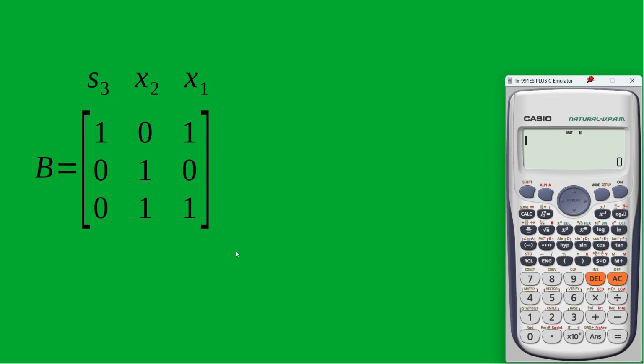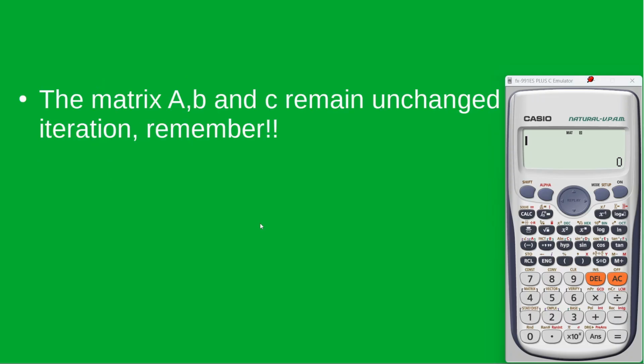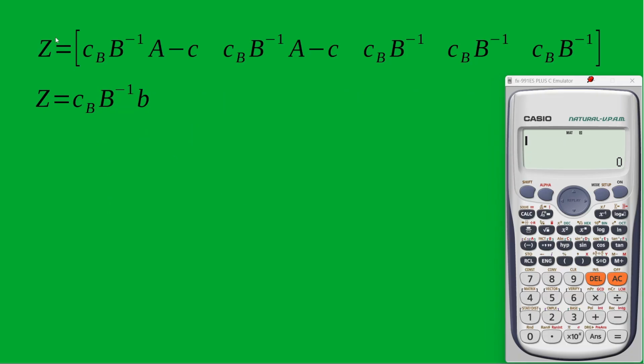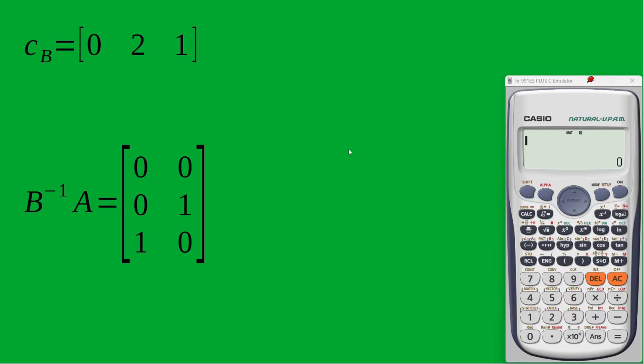Now, of course, remember, A, B, and C, they remain unchanged in the iteration. So the updated values of Z are again given by the same equation, which I had already shown a few slides back. And the value of Z, that is the objective function, is given by CB into B inverse into B. So now CB is going to be the coefficients of the basic variables in the objective function.